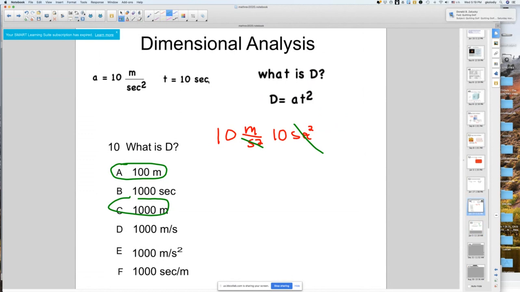I got 10 and I squared the seconds, but I didn't square this. 10 squared is 100. 100 times 10, yeah. So this is not the right answer. Thank you for pointing that out to me. And if I do this occasionally, I get carried away, so remind me, if you see a mistake, remind me.